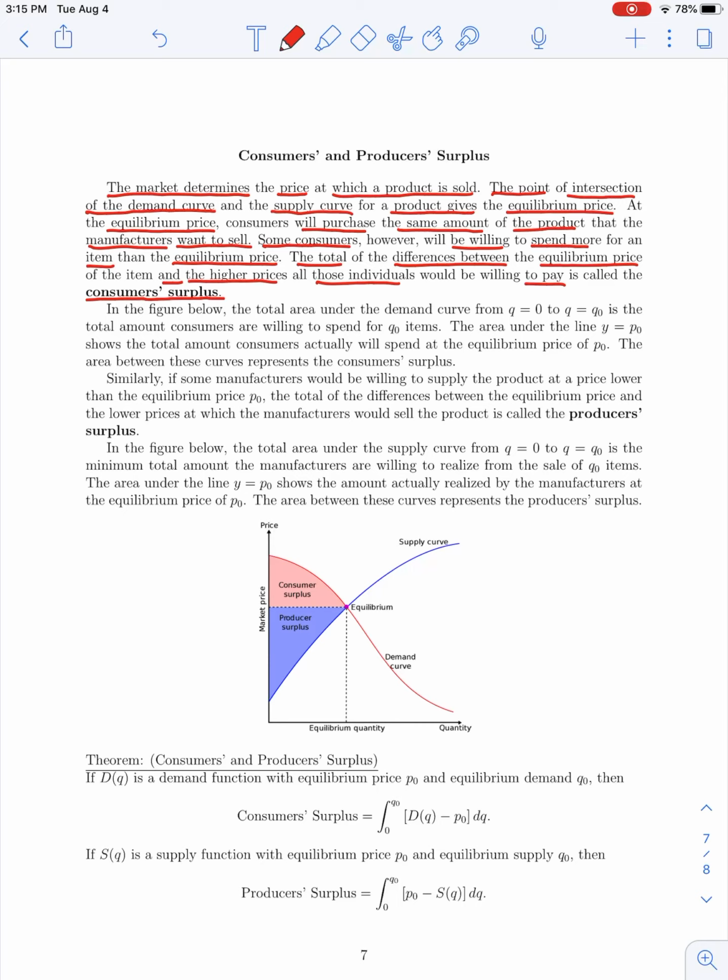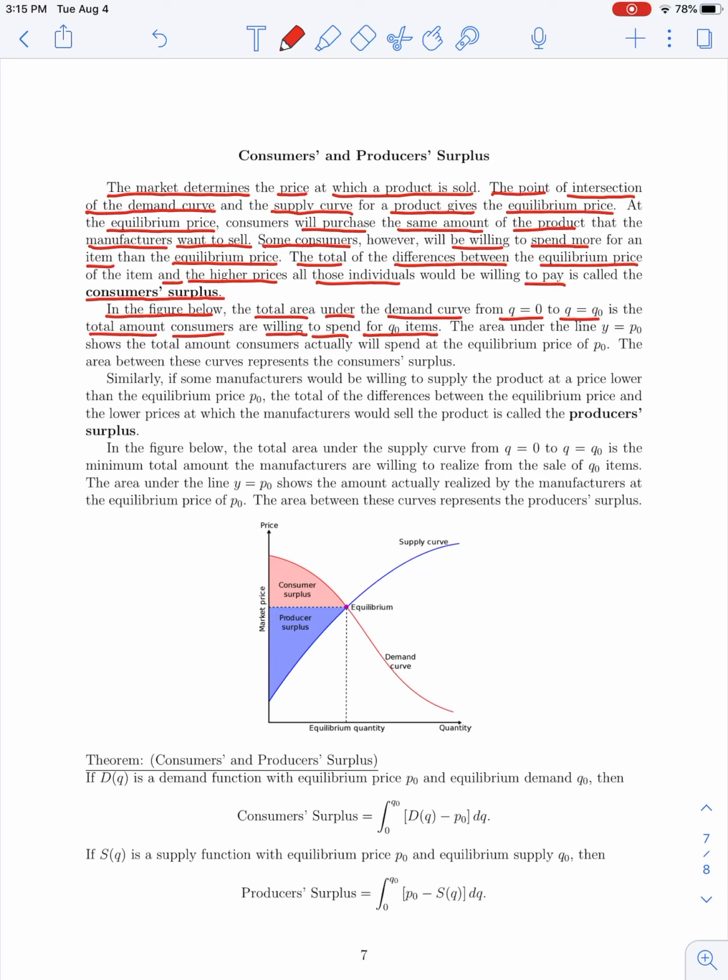So to illustrate this, let's look at a figure. In the figure below, the total area under the demand curve from Q equals 0 to Q equals Q naught is the total amount that the consumers are willing to spend for that equilibrium amount of Q naught items.